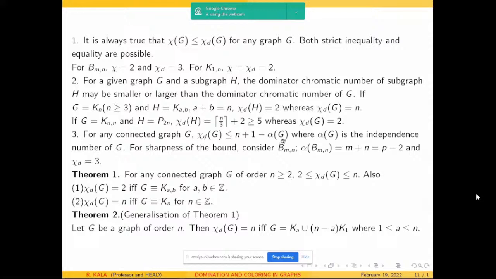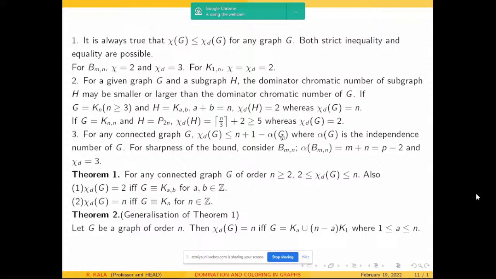So what you do is you take an independent set I. Being independent, I can use the same color for all the vertices in I. So I color all the vertices of I with one color. Okay, and consider G minus I, and so you have n minus alpha of G vertices there.